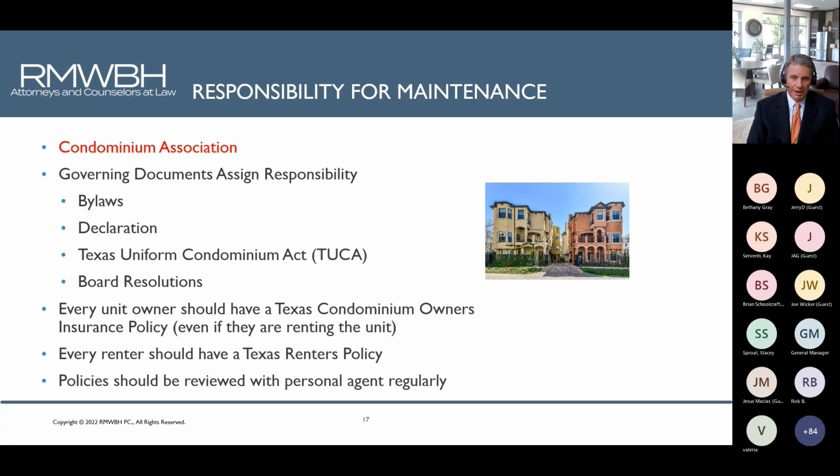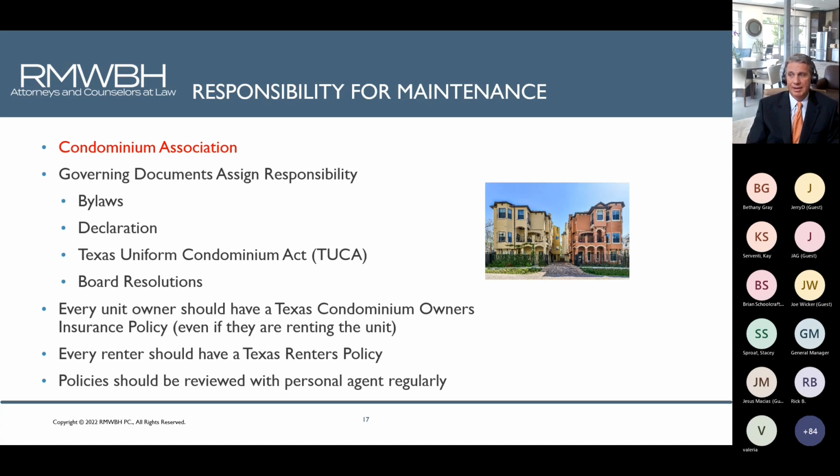Now, again, that's not our job as board members to do much more than recommend, because most of the time you're not going to see a requirement. But some governing documents do have a requirement. You have to look at them.